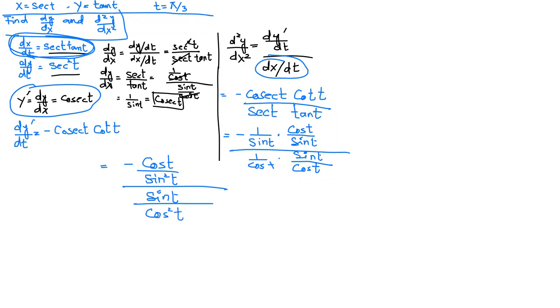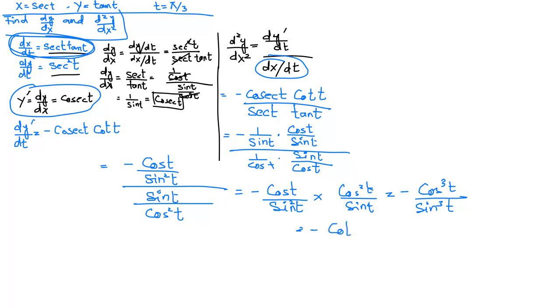You can write this as cosine of t divided by sine square t, multiplied by cosine square t divided by sine of t. If you simplify, that is equal to minus cosine cube of t divided by sine cube of t, which is equal to minus cotangent cube of t.